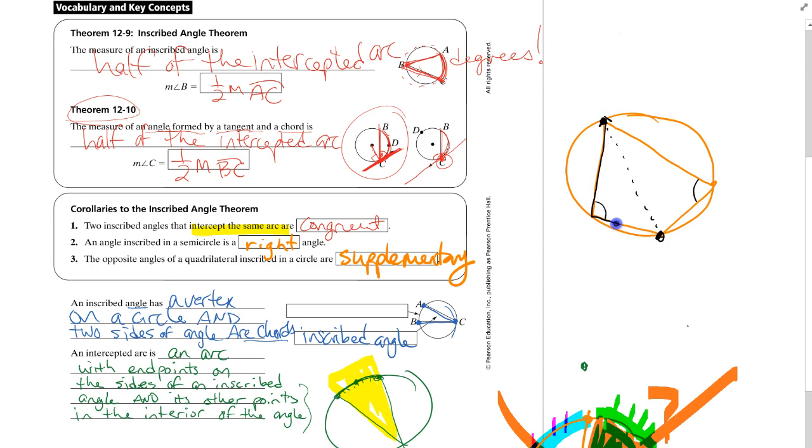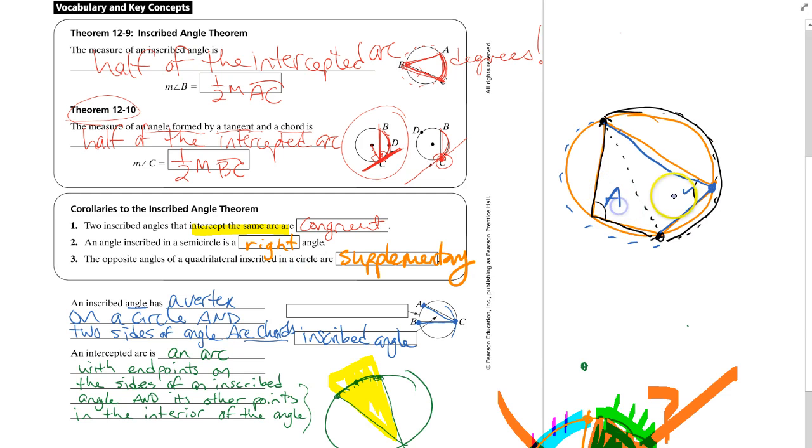This angle is intercepting some of the circle. I'll note that in black here. And then this angle, starting here and going this way, is intercepting the rest of the circle. So even though I don't know the exact measurements, whatever this one is and whatever this one is should add up to half of those two intercepted arcs. So these two together will add up to 180.